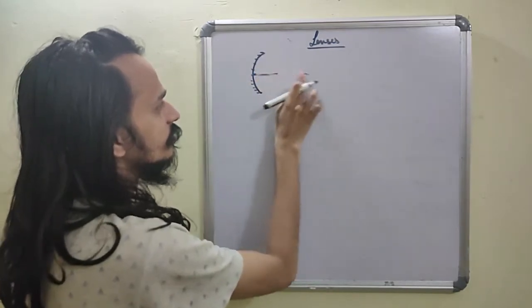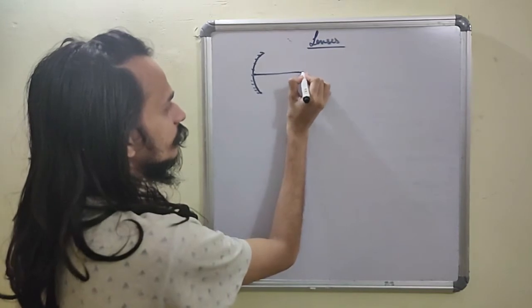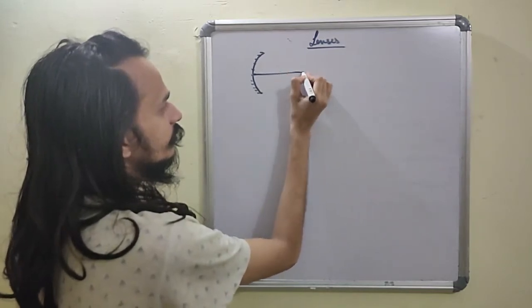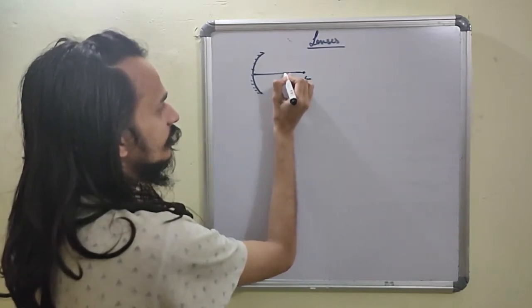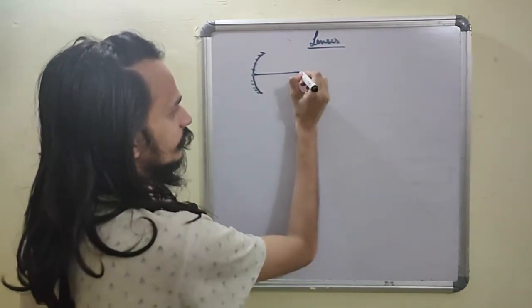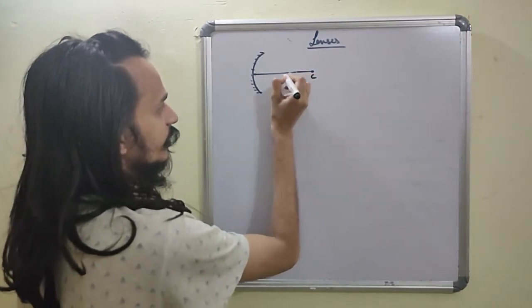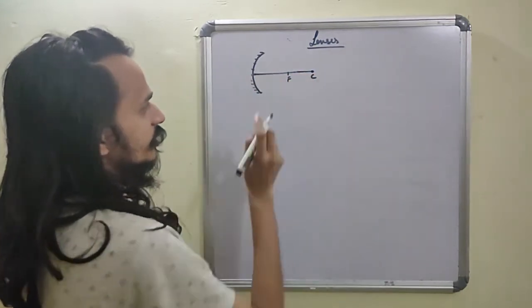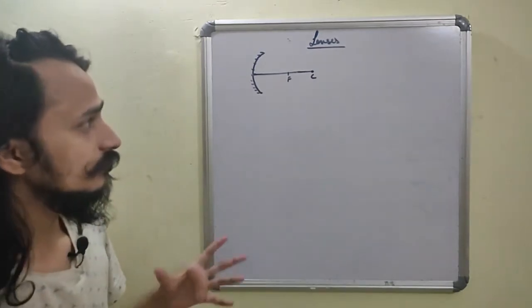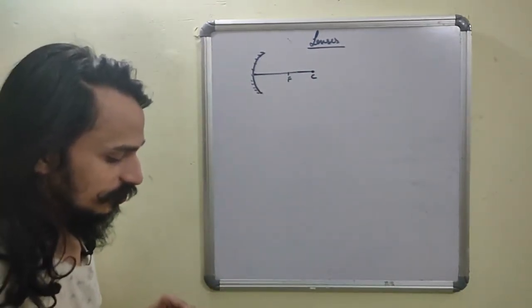Principal axis would be here, right? You'll have C, and we'll make it a little longer. There will be a C, there will be an F, there will be a P over here, right? This is what you've seen, a concave mirror.